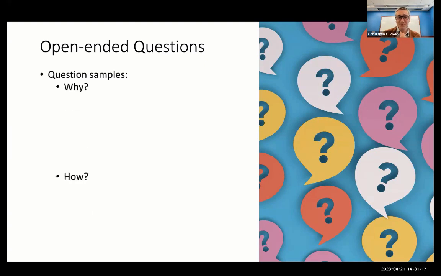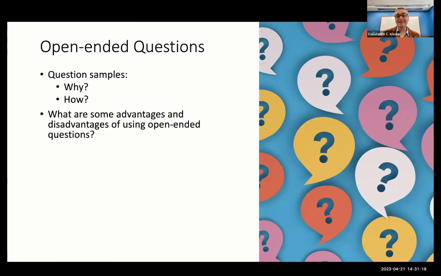So here are some question samples: why, how. These will evoke responses that cannot simply be answered with a yes or a no. These can also be tacked on to simpler questions. Like, for example, the first question, who is the president of the United States?